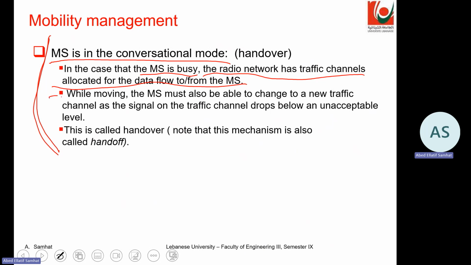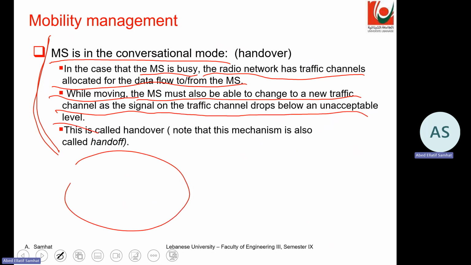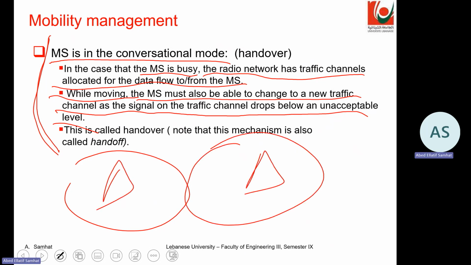And when moving from one cell to another cell, the mobile station must also be able to change to a new traffic channel as the signal on the traffic channel drops below an acceptable level.